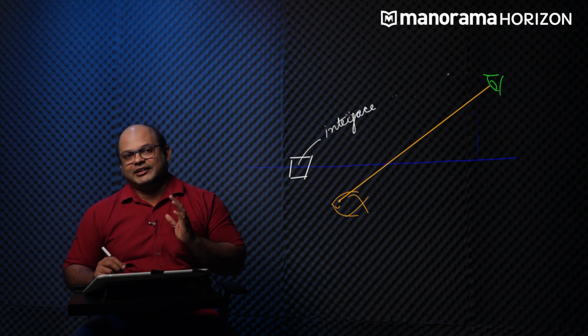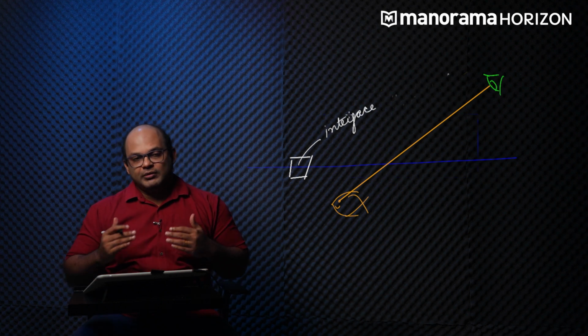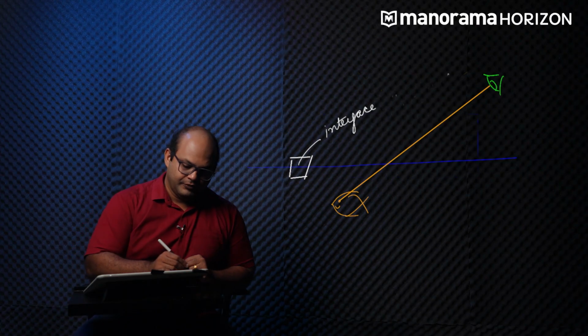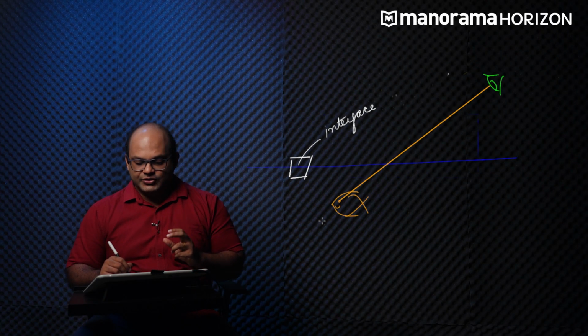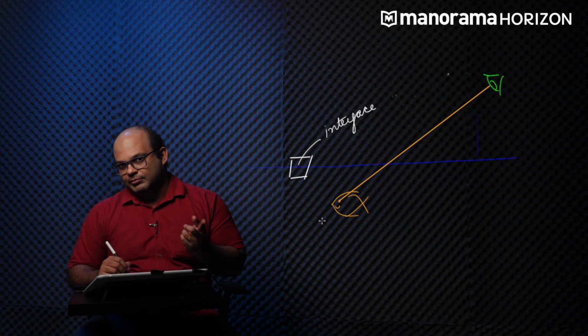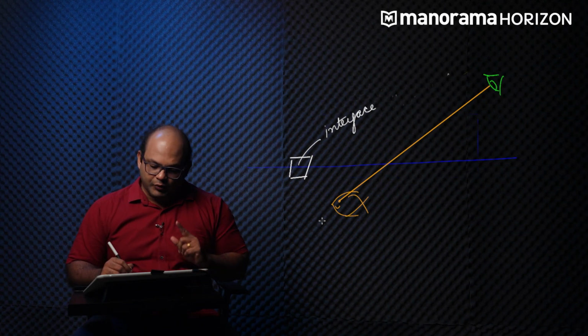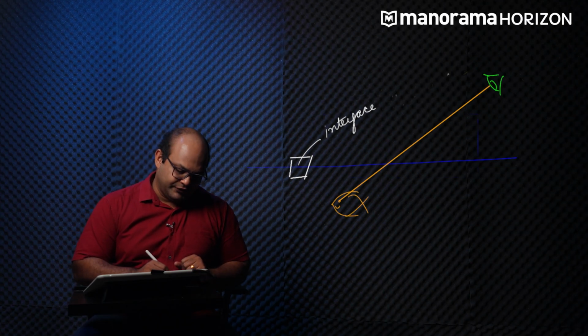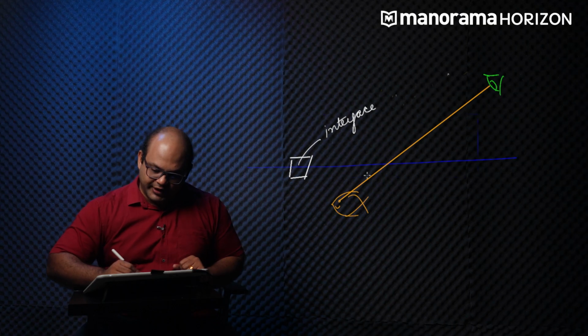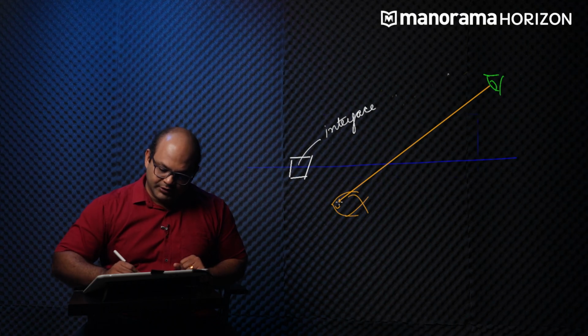We are seeing that light is traveling not just through one medium, but through two media. What effect will this cause? What happens here is that the ray coming from the fish is bending at this interface.